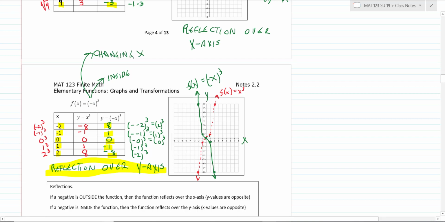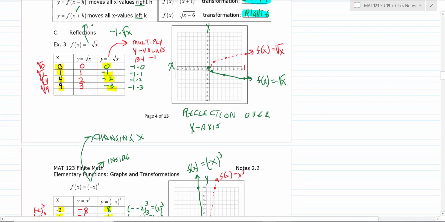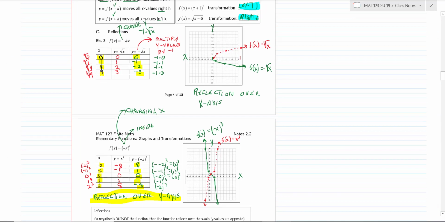Anytime you change an x value to an opposite, it flips over the y-axis. So anytime that's a 2, that's a negative 2. That's a 1, that's a negative 1. So that's what happened, it changed x. The previous example changed y. So anytime you change y values, you flip over the x-axis. That's what you have to understand. So think about that a little bit.